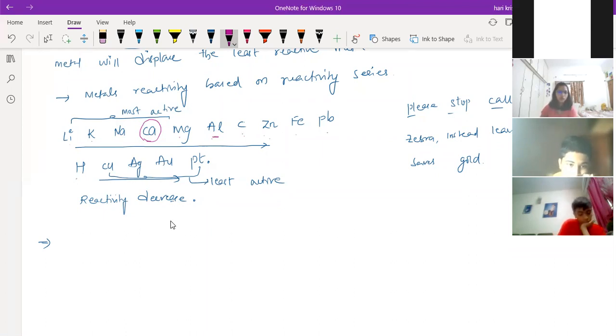But it cannot replace lithium, potassium, sodium, calcium, magnesium. That is the most important point in the displacement reaction. Yes, sir. What is the reaction here?